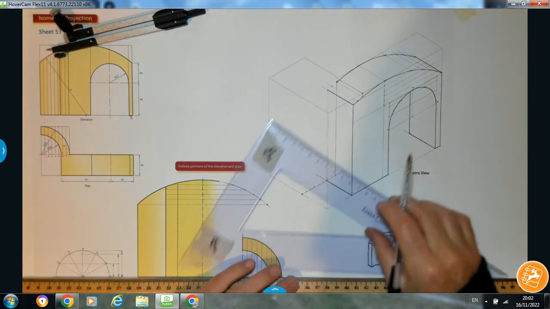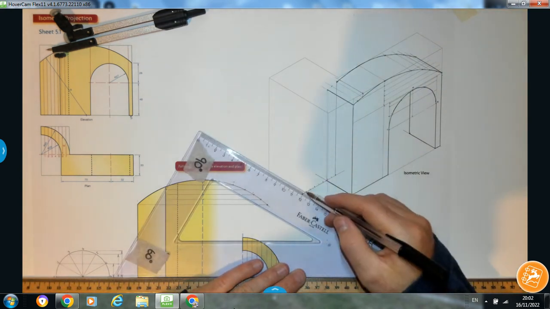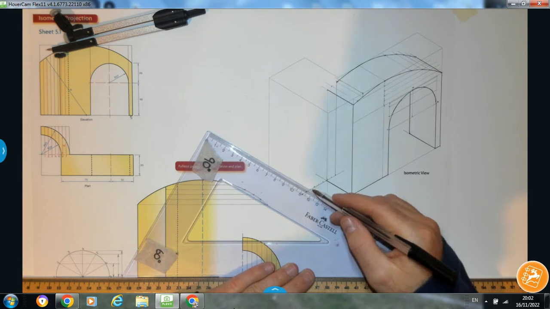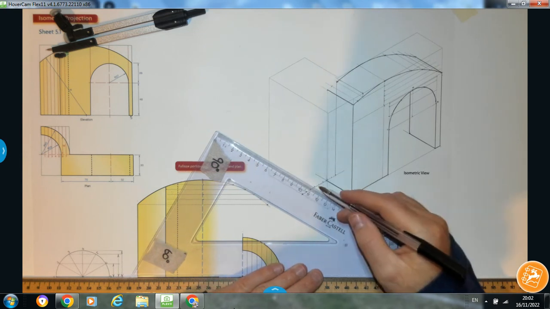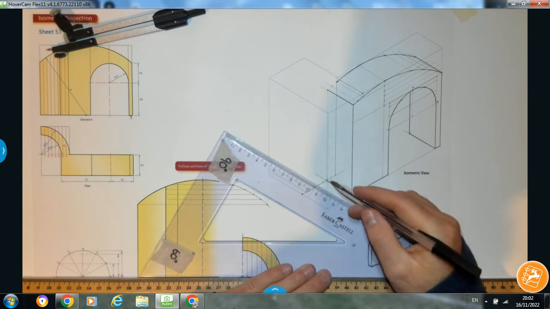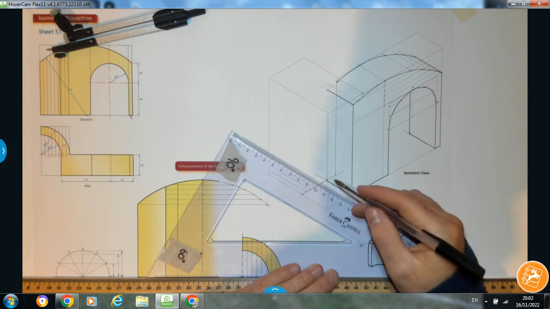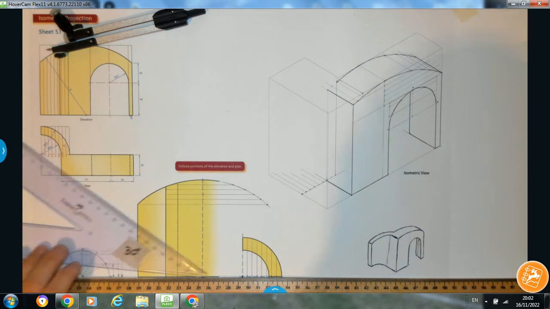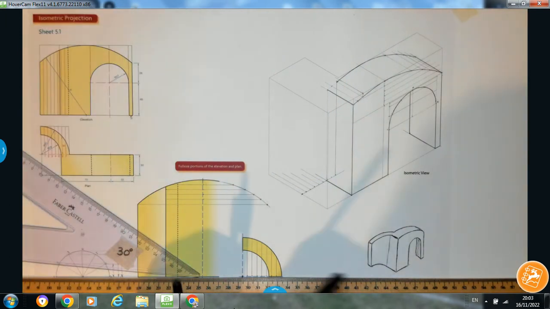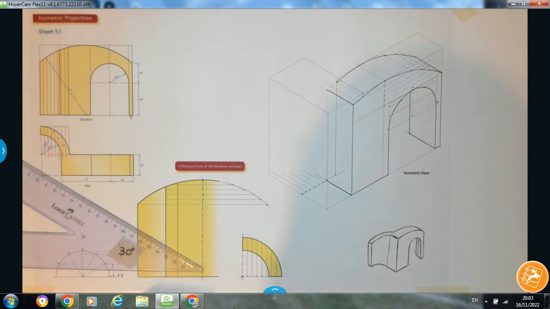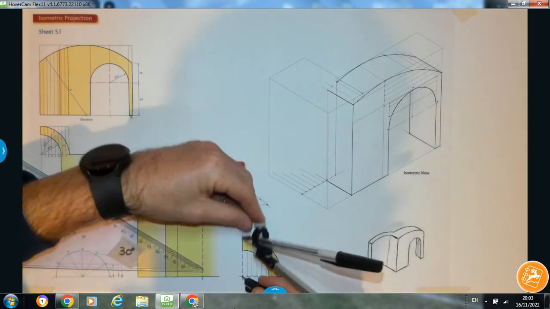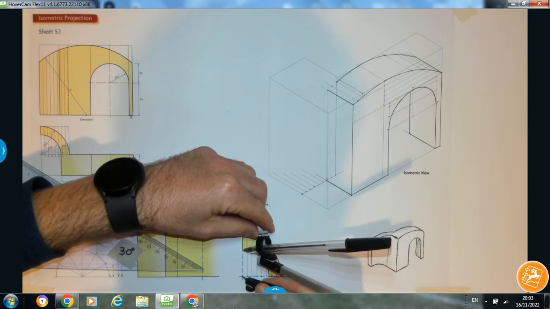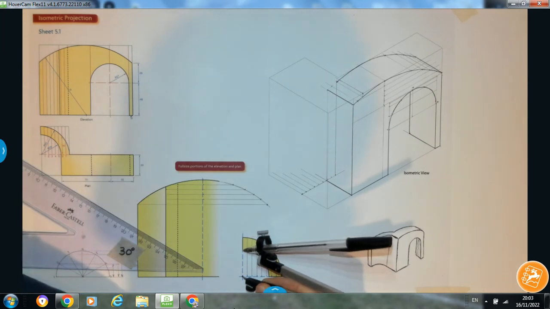So to do that, I'm going to project across a series of lines, just to that point there. Now with my compass, I'm going to take the distance from here into here for that first one. That distance right there.